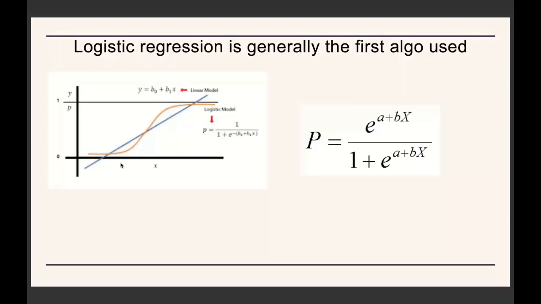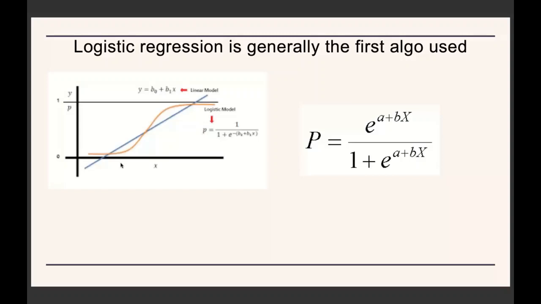Bayesian stats also plays a very important role. Today we are going to discuss 2 or 3 of them, but it is good if you understand at least the basic concepts behind them. We'll start with the logistic regression algorithm.